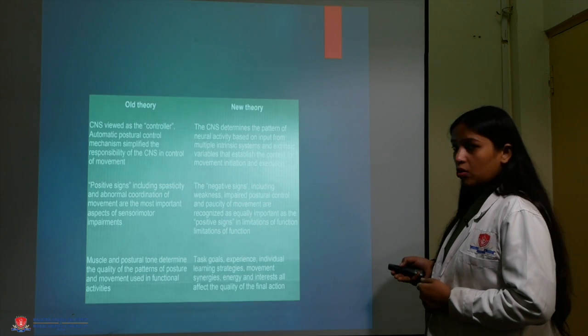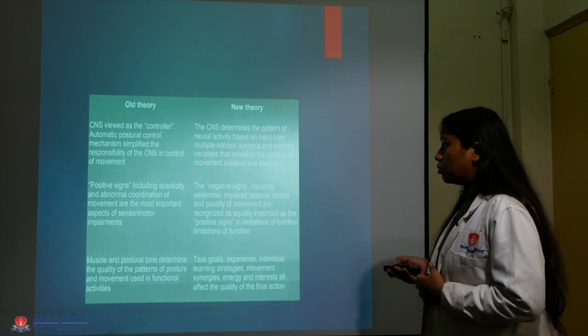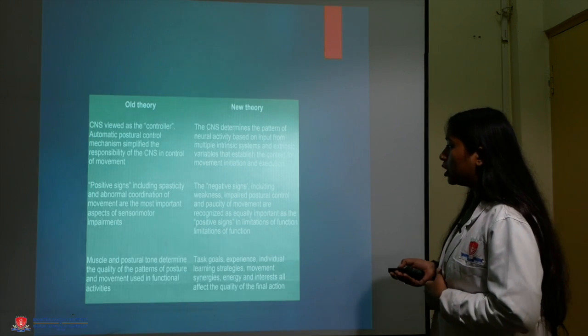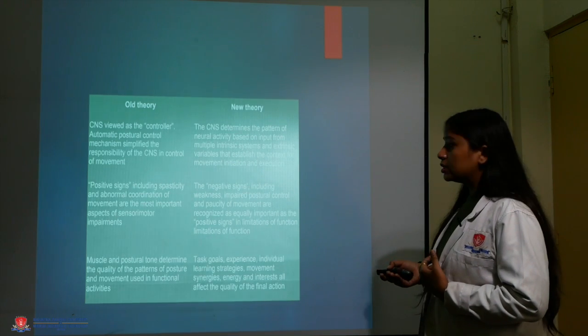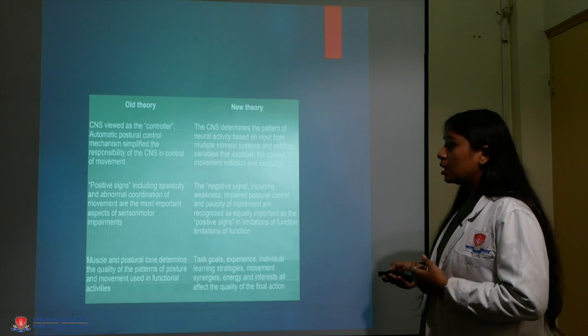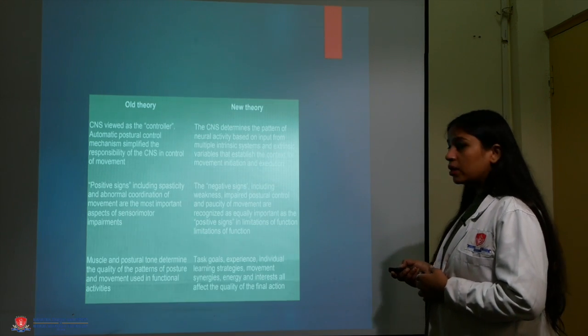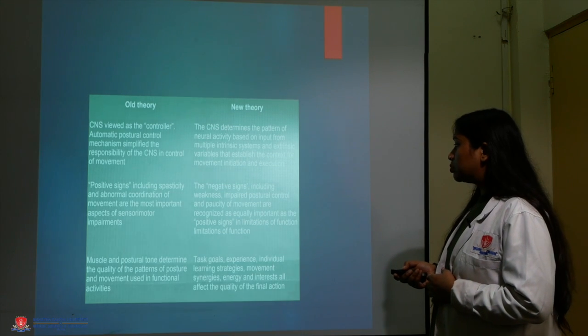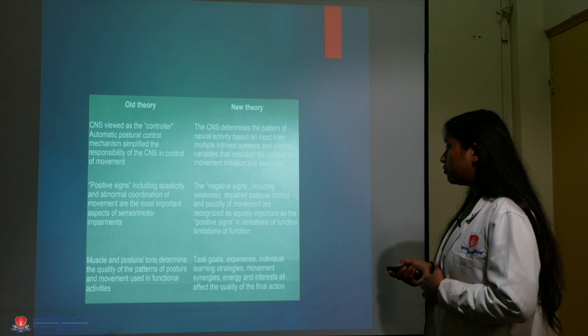In the old theory, positive signs including spasticity and abnormal coordination of movement are the most important aspect of sensorimotor impairment. In the new theory, negative signs including weakness, impaired postural control and paucity of movement are recognized as equally important as positive signs in limitation of function.